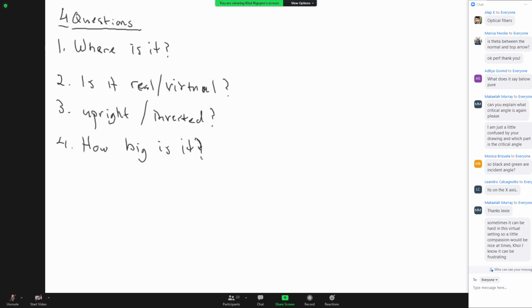So where's the image that we're going to create from our object going through our optical device? Is it real or is it virtual? Is it upright or inverted? And how big is it? Okay. So we're going to have to be able to answer all those questions using our thin lens and mirror equation and our magnification equation. Okay.